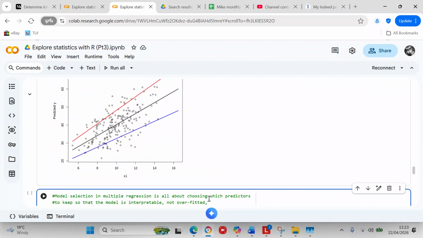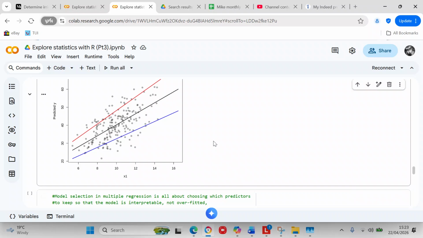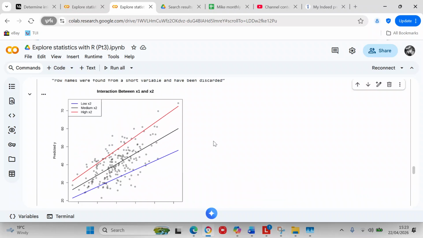So we're going to print that off, and this is the chart that we've created, and it's an interaction between x1 and x2. So the blue is a low x2, the gray is a median x2, and the red is a high x2. So that tells you the interaction between x1 and x2.